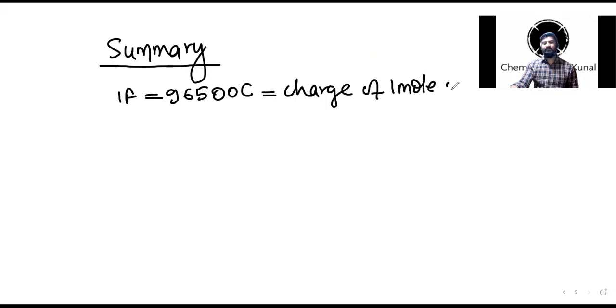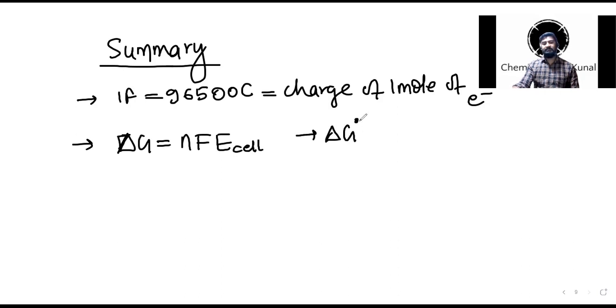Very good, 1 mole of electrons. Point number 2, we know that delta G is nothing but minus nF E cell, or delta G naught is minus nF E naught cell.